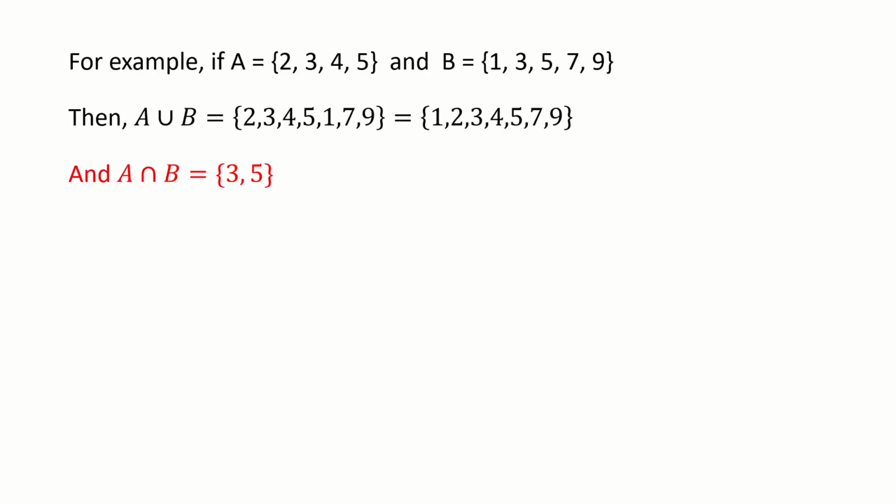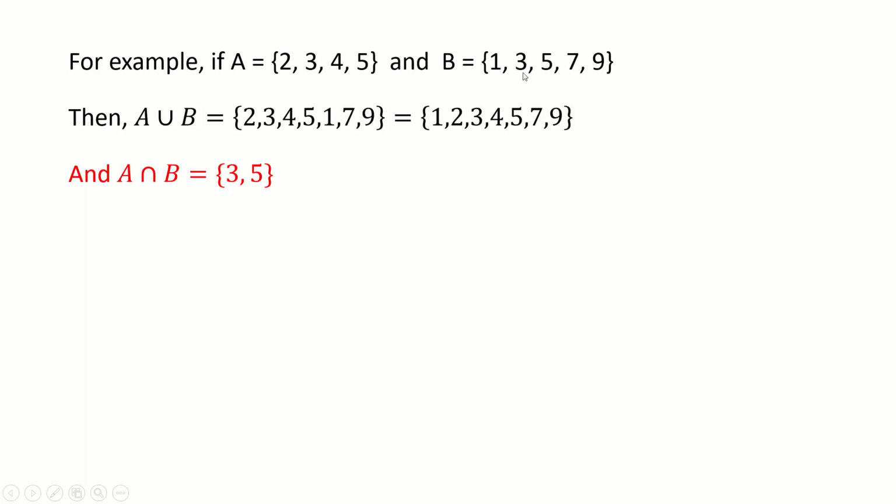For example, what is union and intersection? See, if A is 2, 3, 4, 5 and B is 1, 3, 5, 7, 9, then A union B means all the numbers of A and B. 2, 3, 4, 5, then from B you see 1, 3. 3 is already there, so I won't repeat writing 3.